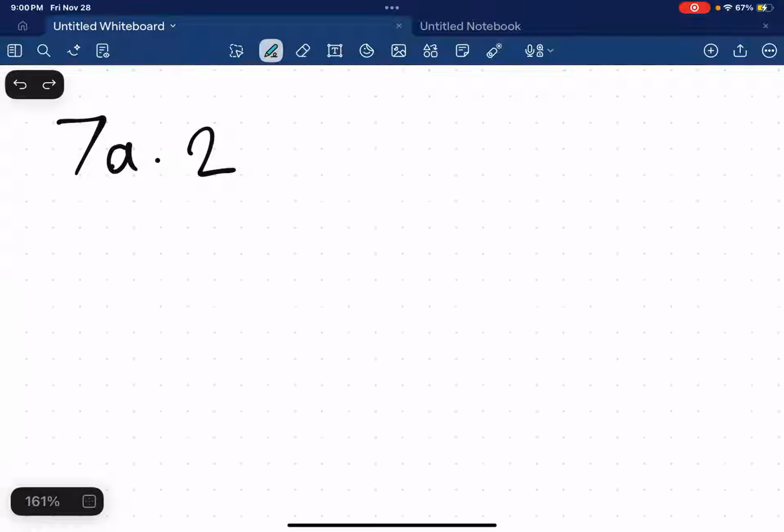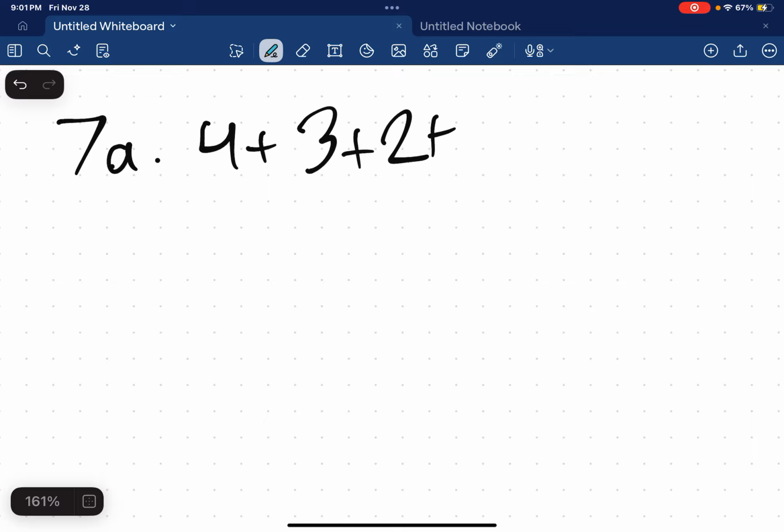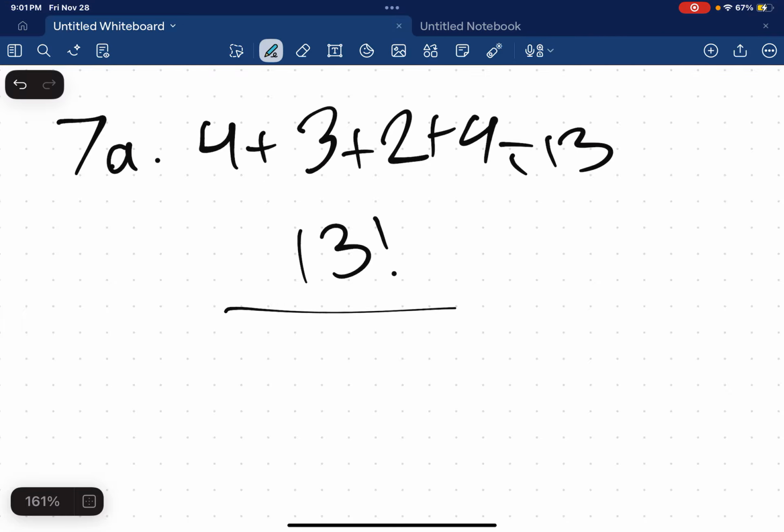So we'll start with 4 math books plus 3 science plus 2 geography and 4 history books. That equals 13. And then to arrange 13 books in different ways, it's going to be 13 factorial.